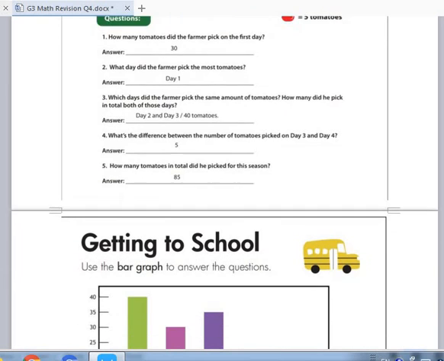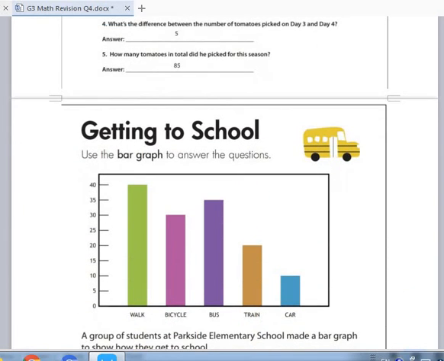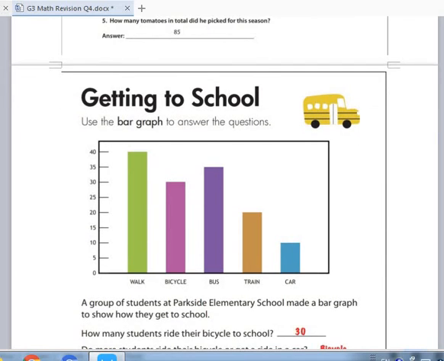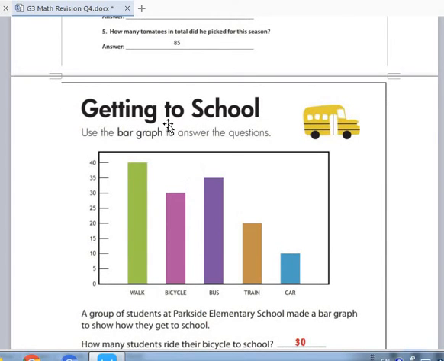Okay, this was the pictograph. Getting to school, bar graph. Use the bar graph to answer the questions. I have here walk. I go to school. The group of students at Parkside Elementary School made a bar graph to show how they get to school. By walking or on foot, how many students?